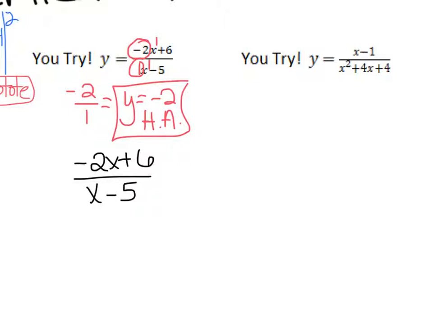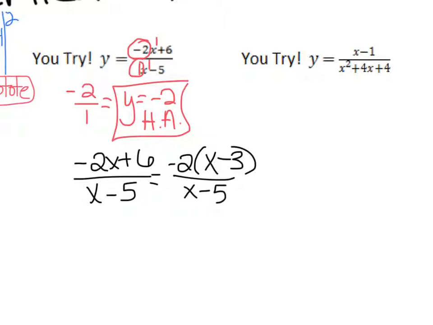If you didn't do that, it is okay. It doesn't affect this problem, but it's best to work on factoring as much as possible. So I'm going to take a -2 out of the numerator. So -2x divided by -2 is a positive x. However, if I do a positive 6 and divide it by -2, that turns into a -3. And it's over x minus 5.